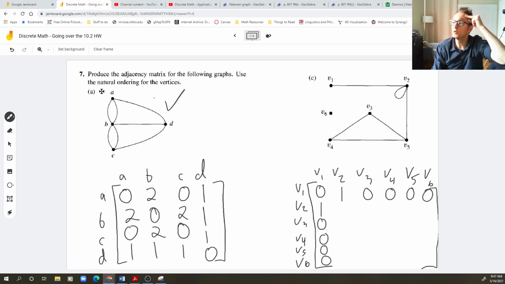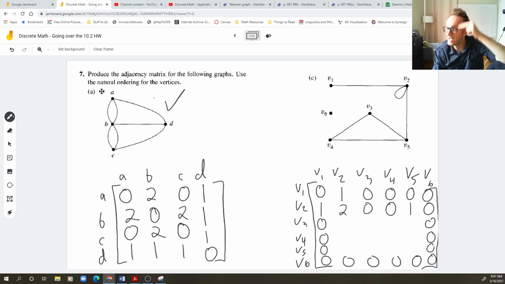How about now V2? Well, there's an edge to V1, check. There are 2 edges from V2 to itself, because we've already discussed that a loop counts twice. There are no edges to V3 or V4, but there is one to V5 and none to V6. In fact, V6 just has degree 0. How about from V3? There's an edge to V4 and V5, and that's it.